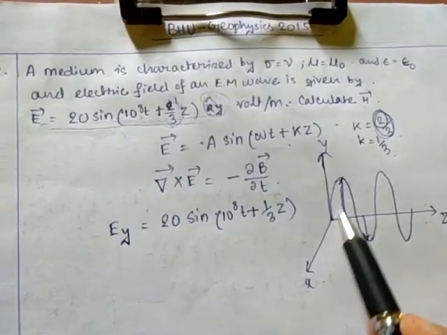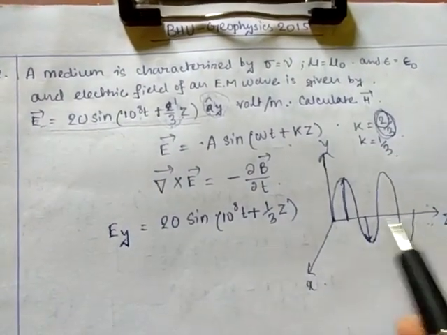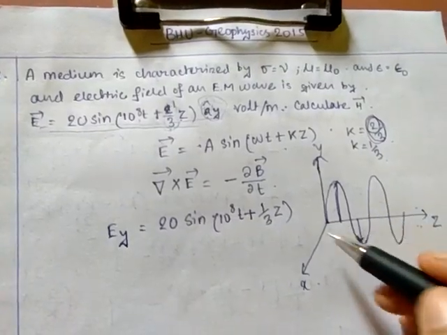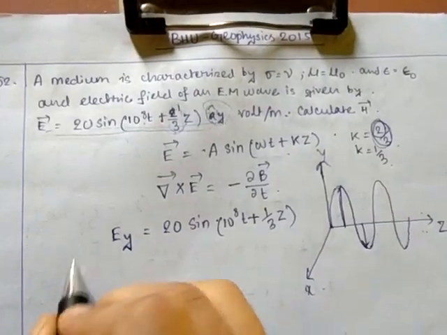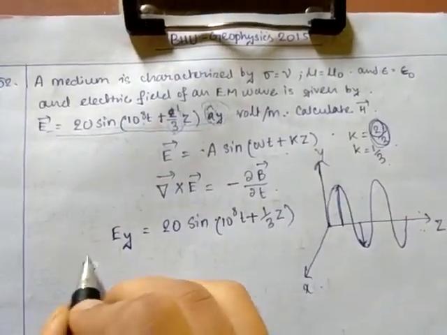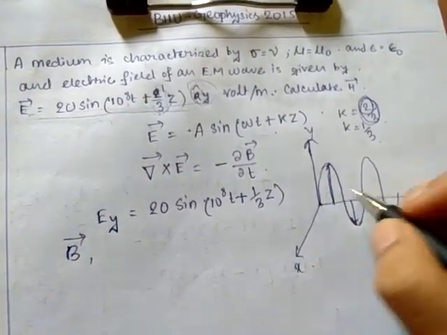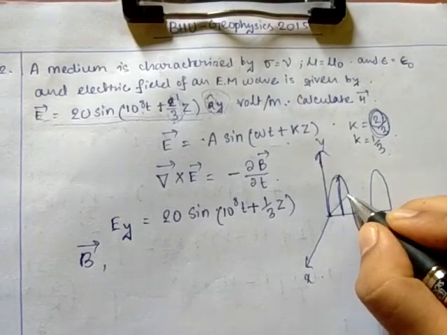Now the wave is proceeding along z direction, electric field vibration is along y direction. Therefore we are left with B vector or magnetic field vector. It will be along x direction, like this.